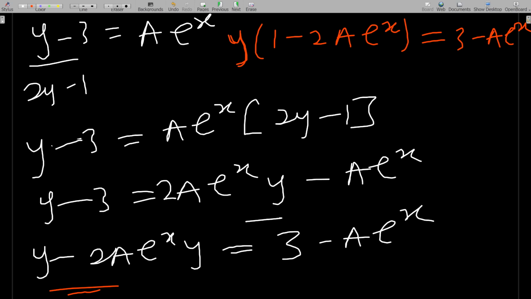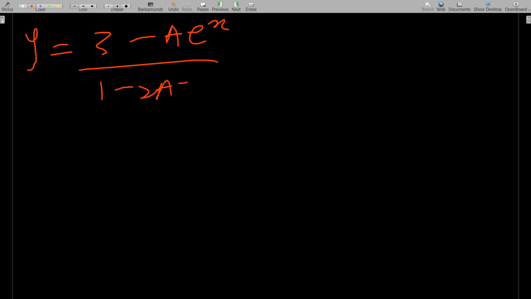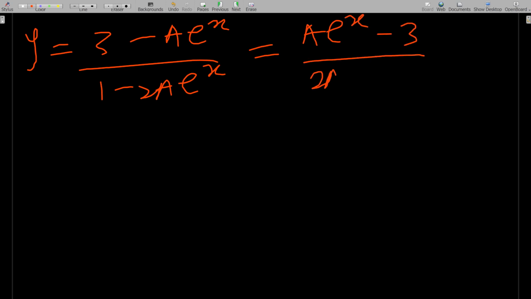Okay, now y will be equal to 3 minus a e to the x over 1 minus 2a e to the x. And if you factor negative out from both numerator and denominator, they will cancel out. You get something like this: a e to the x minus 3 over 2a e to the x minus 1. This is also true. Okay, I hope you get this. So these are some of the simplifications you can be doing.